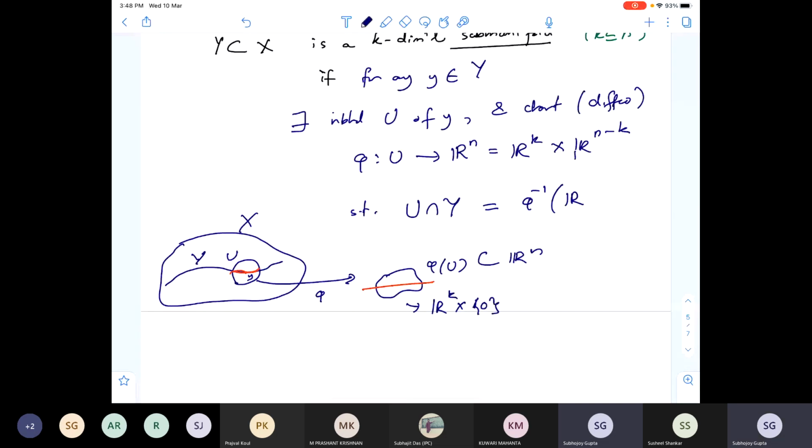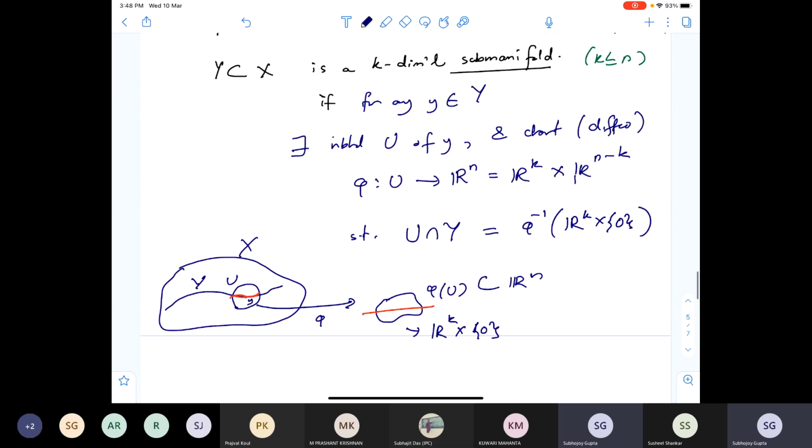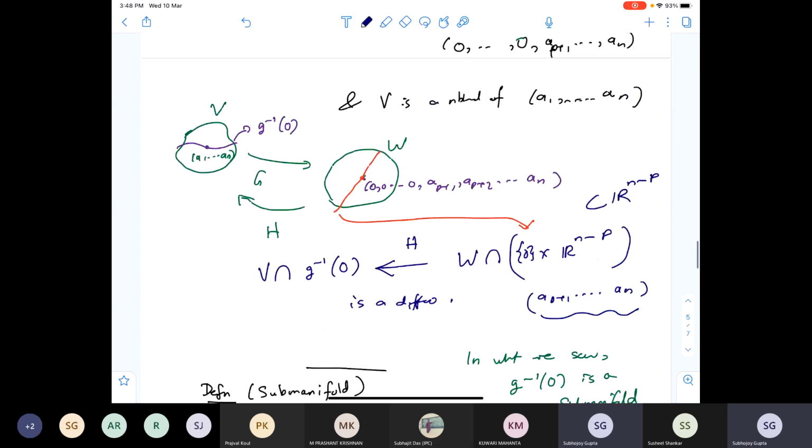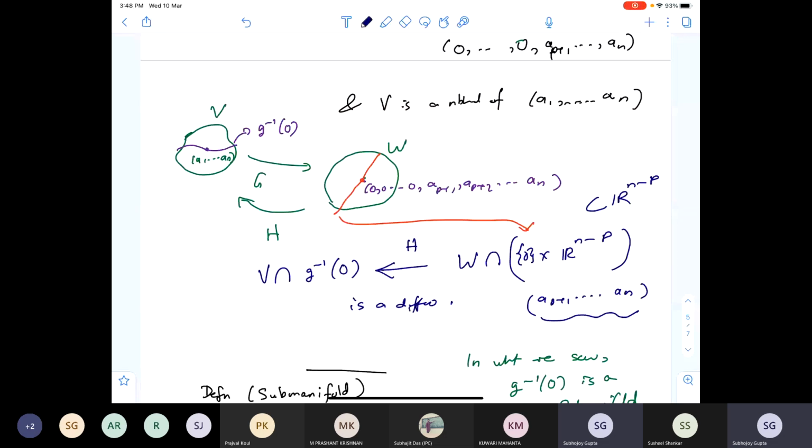It's some slice like this. So it's going to be the pre-image of Rk cross 0, so that it's parametrized by some open set in Rk, by k variables. This is what was going on here, except this k was n minus p.